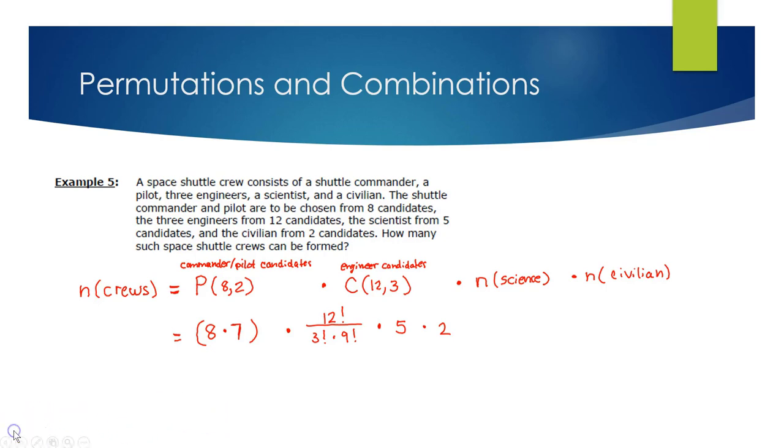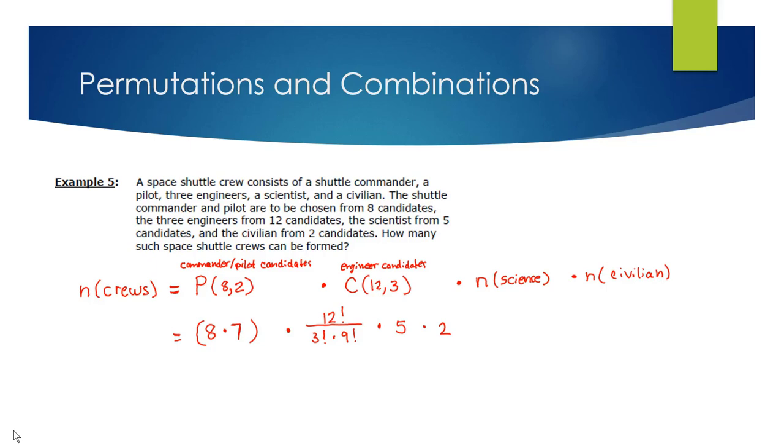And I got that 8 times 7 because if I do the permutation and have 8 factorial over 6 factorial, that's going to take away all the numbers from 8 factorial except the 8 times 7. They're going to all cancel out. When I look at the combination of 12 and 3, I'm going to have 12 factorial over 3 factorial times 9 factorial.